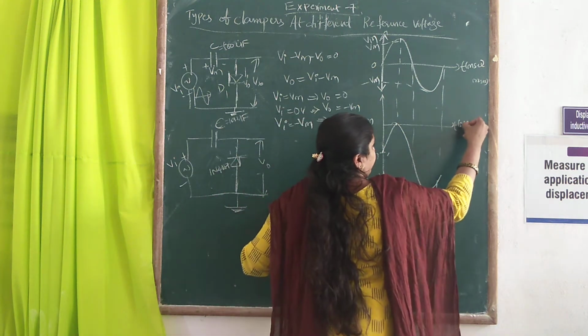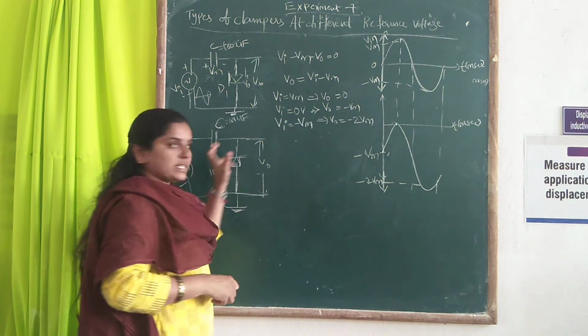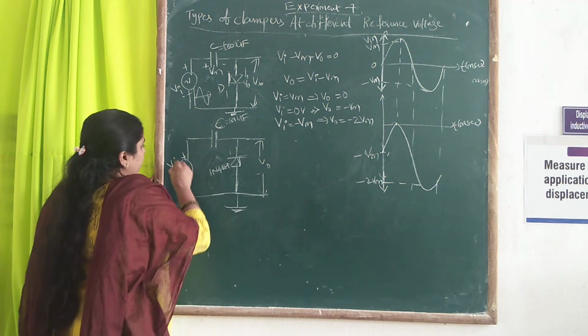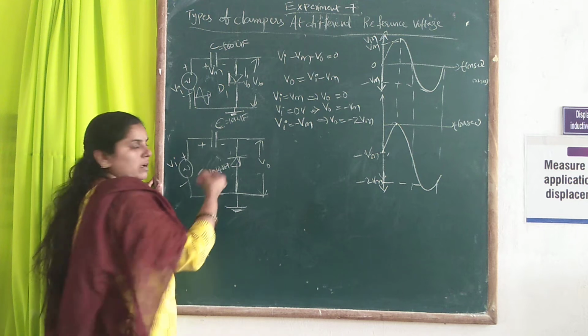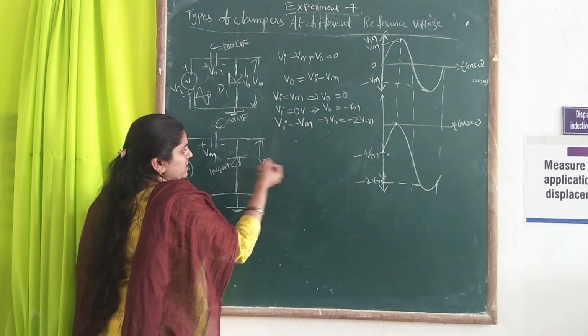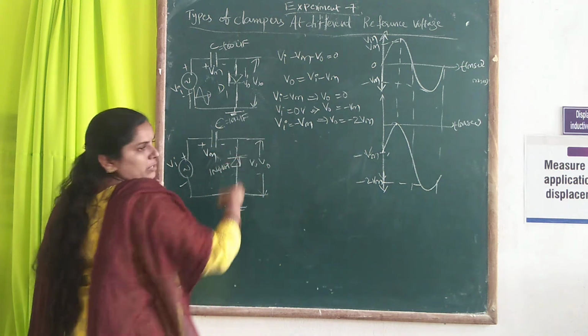Okay. Next, this is about positive clamper circuit. Next, about negative clamper. So in negative clamper, same here. When we apply the input to the capacitor, it charges up to the maximum value. Next, we get here output is V0. So apply KVL to this circuit.